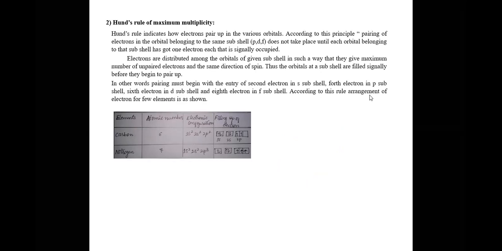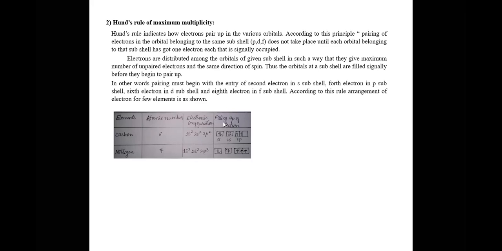According to this rule, the arrangement of electrons for a few elements is given in the table below. I have taken the examples of carbon and nitrogen. We know that the atomic number of carbon is 6 and nitrogen is 7. First we have to write the electronic configuration. The electronic configuration for carbon is 1s2, 2s2 and 2p2.